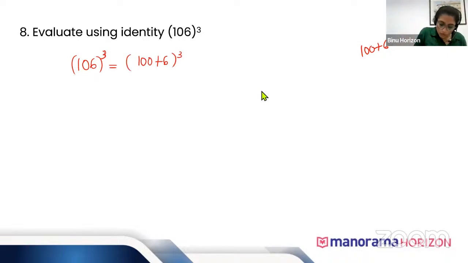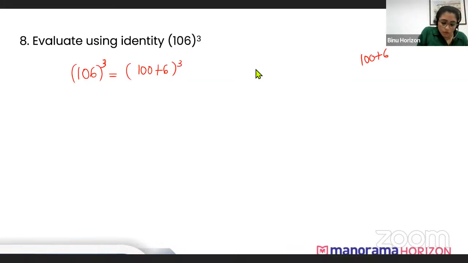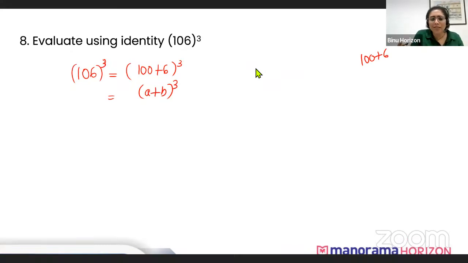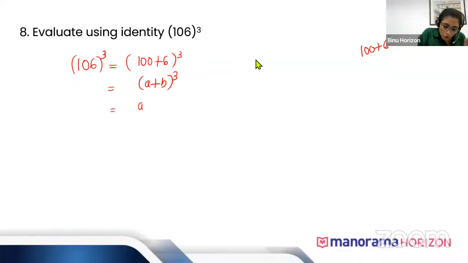Now, what identity do you have to use here? A plus B the whole cube, or x plus y the whole cube. In some textbooks it is A plus B, in terms of A and B. In some it is x and y. Now, what is the expansion of this? A cube plus B cube plus 3AB into A plus B. In some textbooks this is the simplified version.